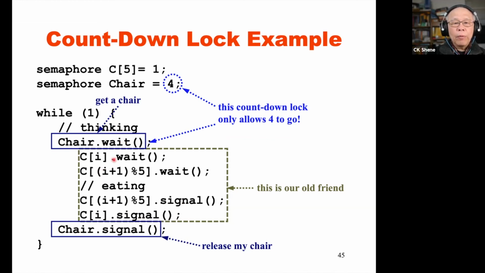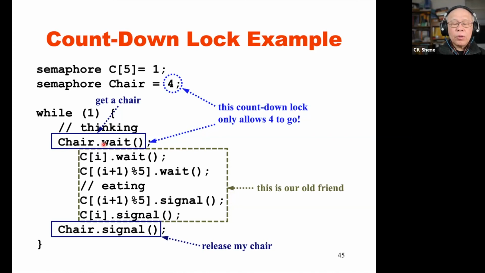So only 4 can pass through. So only 4 philosophers can be here competing to get the chopsticks. And when a philosopher finishes eating, he simply calls chair.signal to release a chair, allowing the one who may be waiting here to get in.